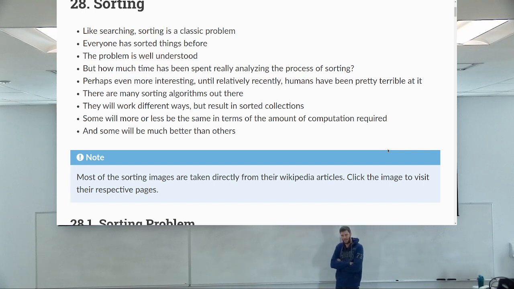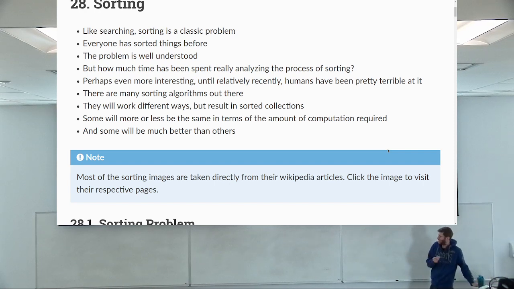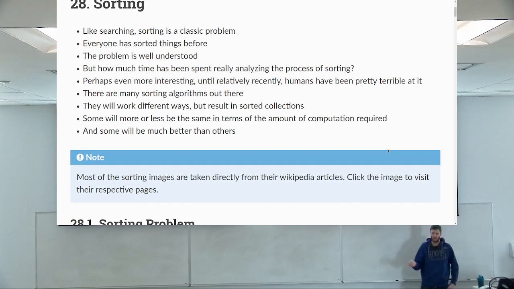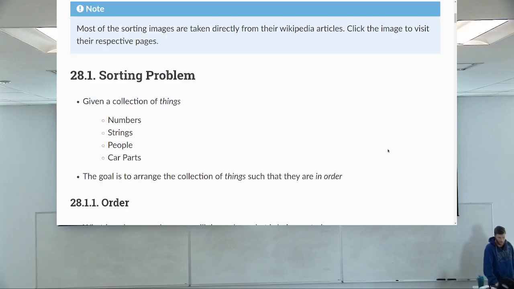Except not in the last century, we only just got good at it. So maybe it's not as trivial as you think. But because it's well understood, it's easy to use as a, I don't want to say toy problem because that kind of trivializes the problem, but it's a good quintessential problem to look at because it gives us some insights into how cleverness and ideas can be used to improve your algorithm.